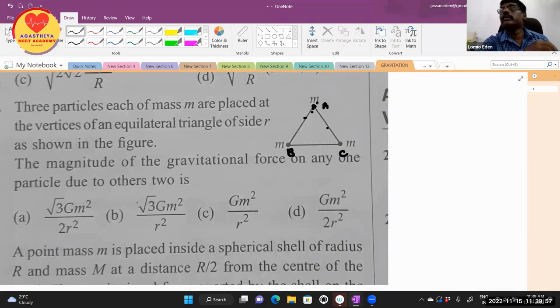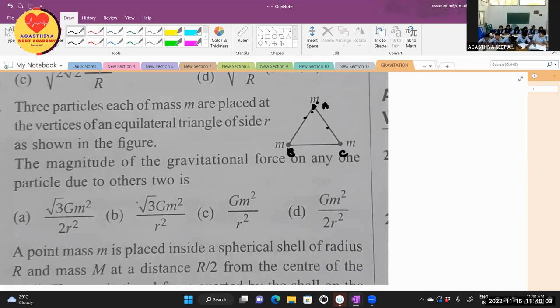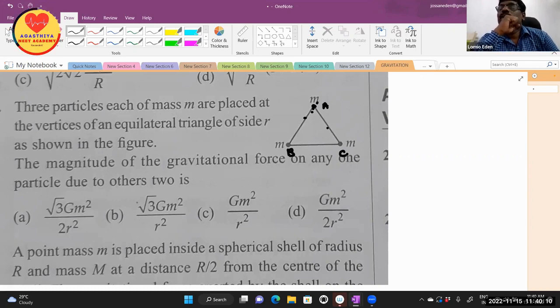Whenever objects are rotating in a circular orbit, more than 2, say 3, it forms a triangle. Usually, when 4 masses are rotating in a circular orbit, it forms either a rectangle or a square.